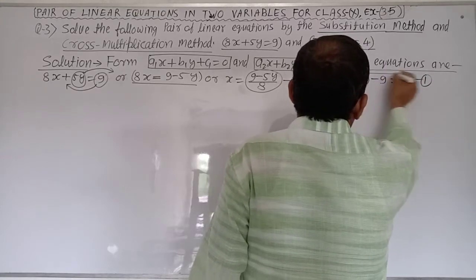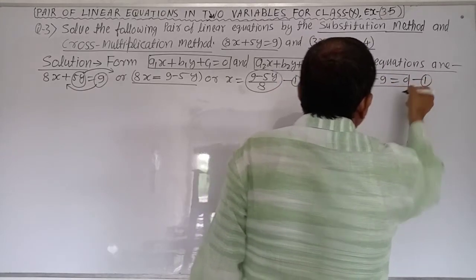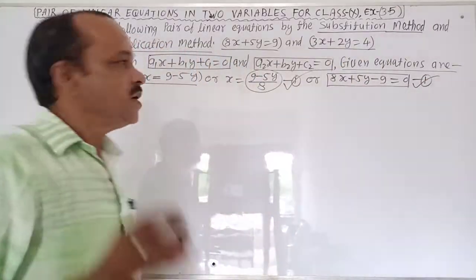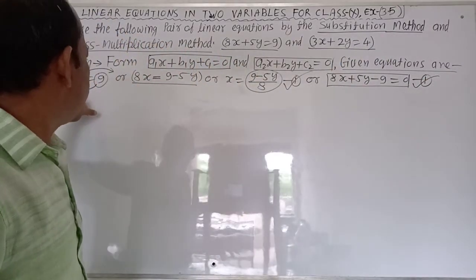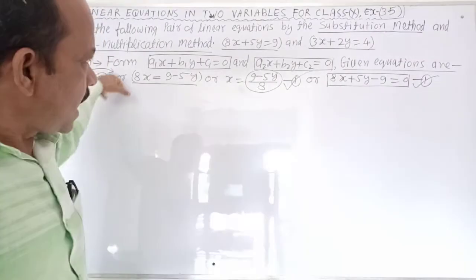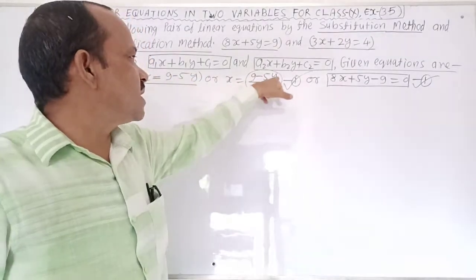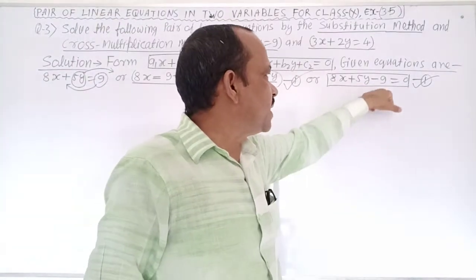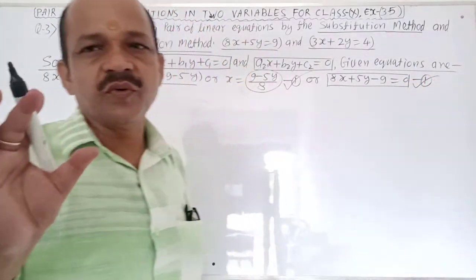Equation first. Here, equation first, you can write 8x plus 5y equal to 9 as x equal to 9 minus 5y by 8, or 8x plus 5y minus 9 equal to 0. It is clear?